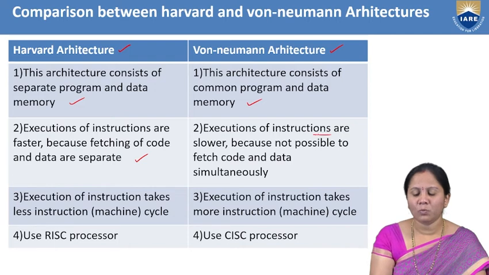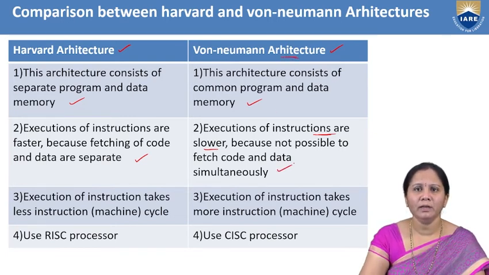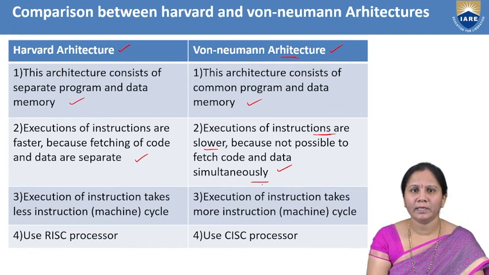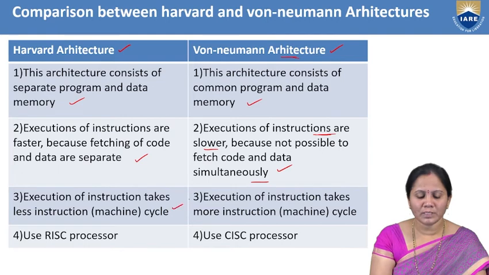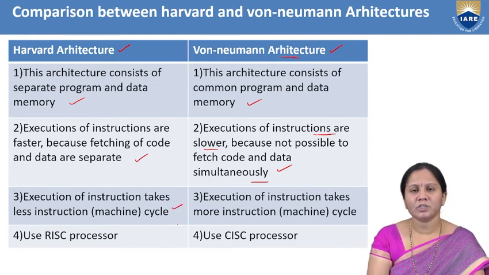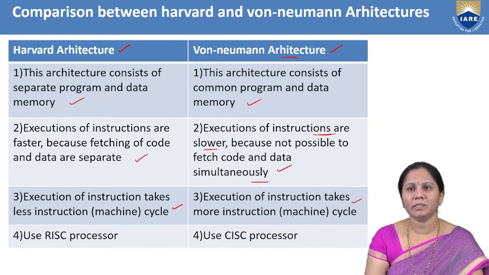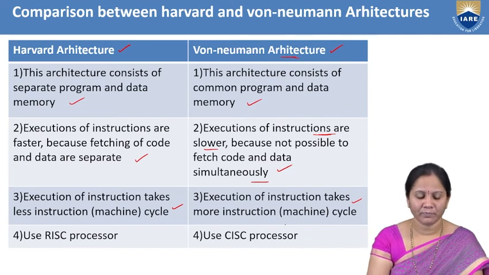But in the Von-Neumann architecture, execution of instructions is slower. Why? Because in this architecture, both program and data are residing in the same memory. In order to access them, it is somewhat difficult. It takes time. So in the hardware architecture, execution of an instruction takes fewer instruction cycles, and in the Von-Neumann architecture, execution of an instruction takes more instruction cycles.